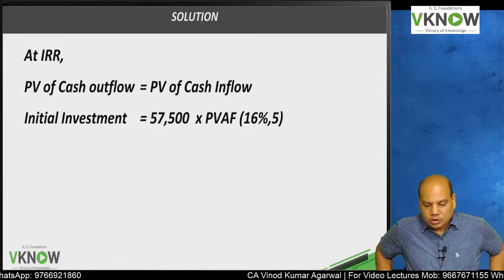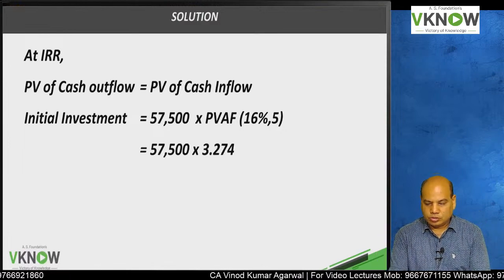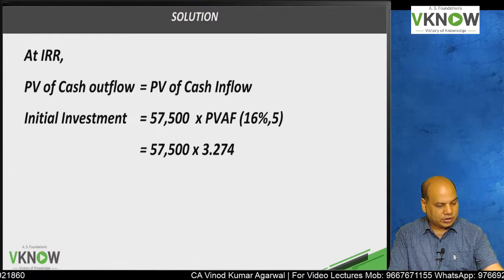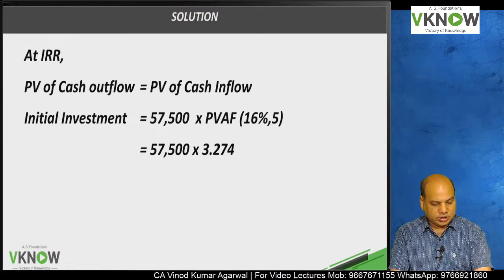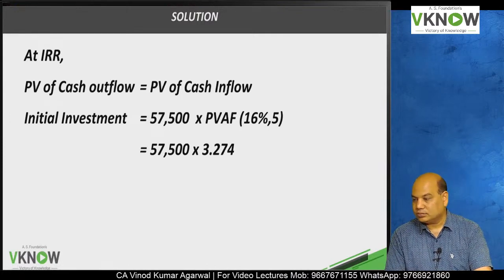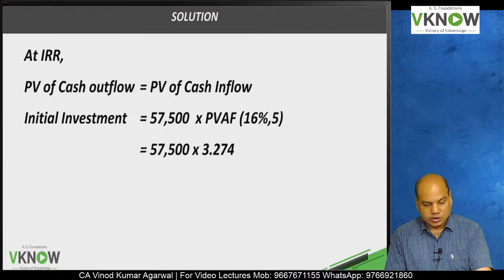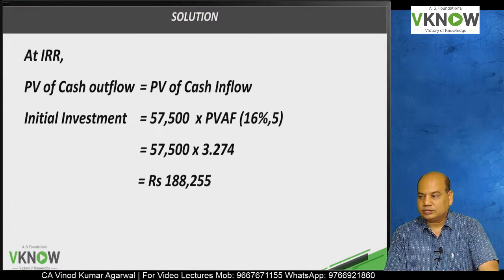Factors are given in the problem, so you can add those factors at 16% if it is given. If not given, then do it yourself. 3.274. Answer please. Please be a little proactive and answer.